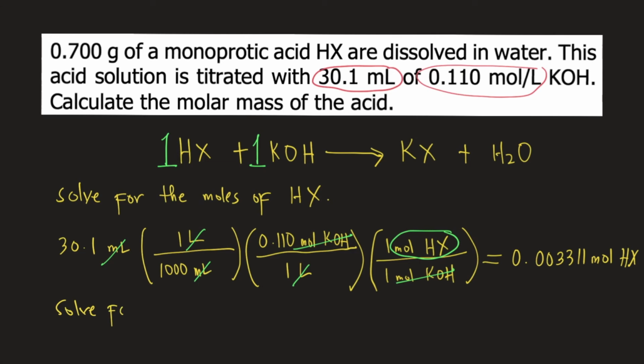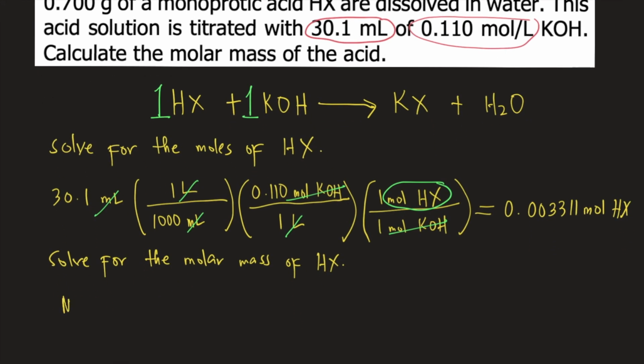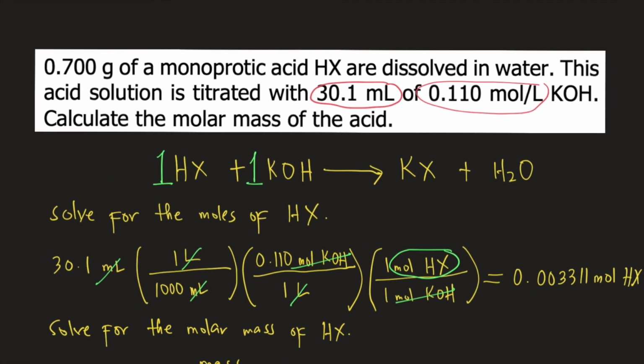Now that you have the moles of HX, you can now solve for the molar mass of HX. So we know that the formula for molar mass is mass divided by moles. In the problem, we are given the mass of HX, which is 0.700 grams.